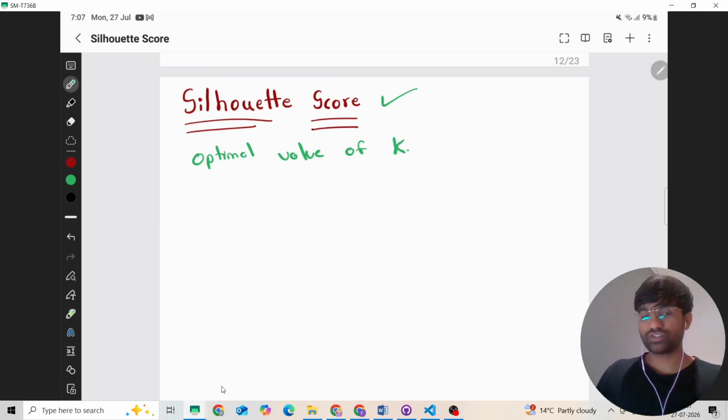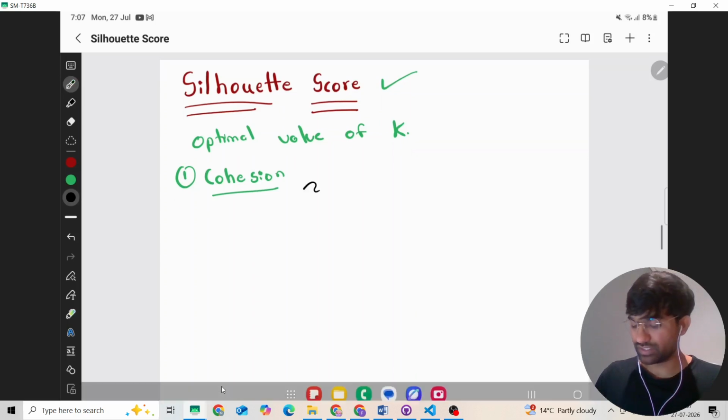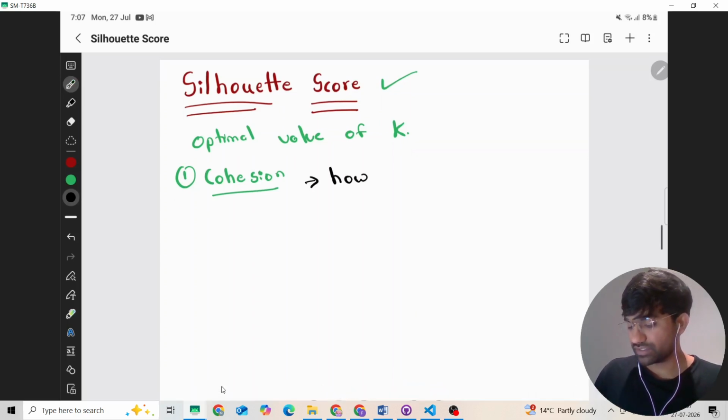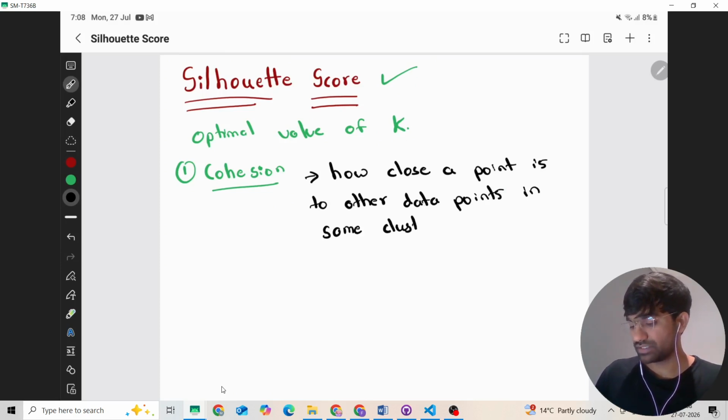But Silhouette score is based on two ideas. One is cohesion. Cohesion measures how close a data point is to other data points in the same cluster.